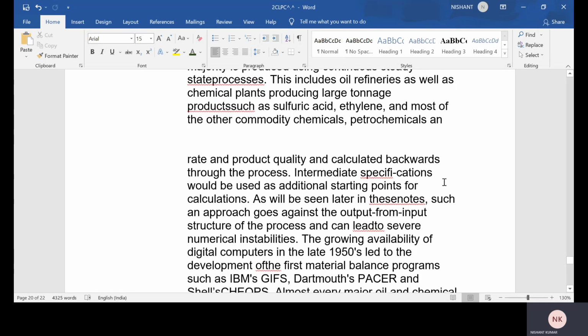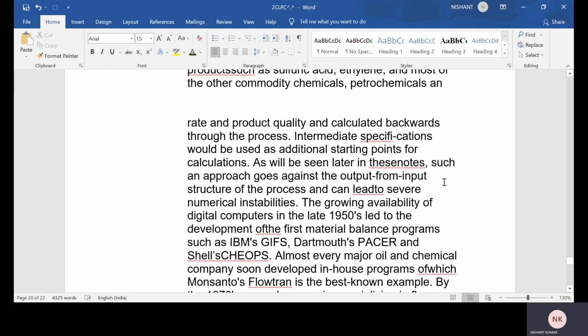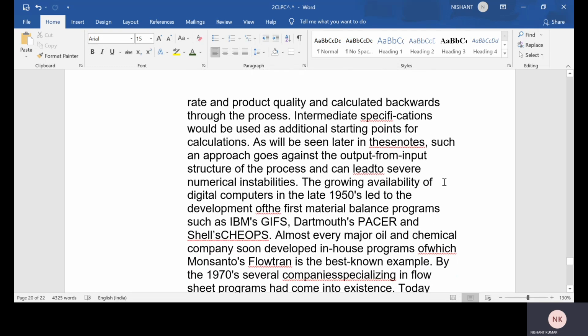petrochemicals, and rate and product quality are calculated backwards through the process. Intermediate specifications would be used as additional starting points for calculation, as will be seen later in the notes.